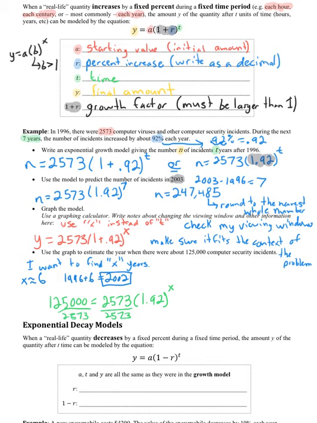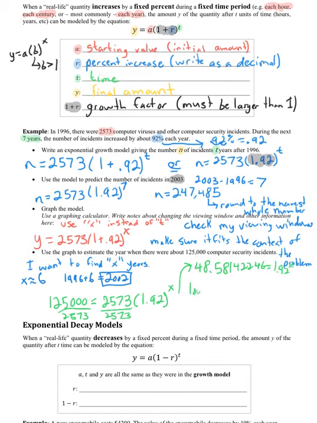All right, and we'll get some weird number. So we get something like 48.58142246 equals 1.92 to the x.